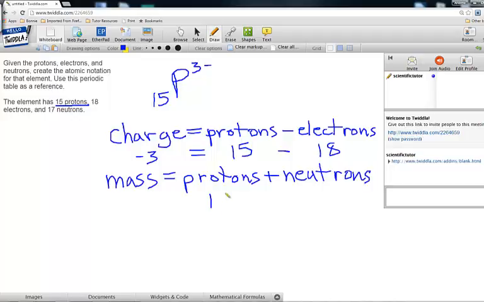The proton number is 15 and the neutrons are 17. 15 plus 17 equals 32. We take the mass number that we figured out, 32, and we put it in the top left. And now your atomic notation is complete.